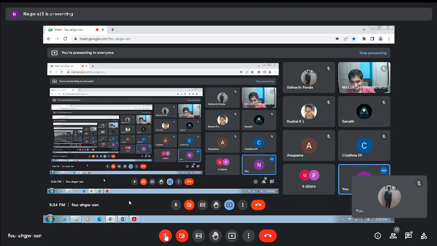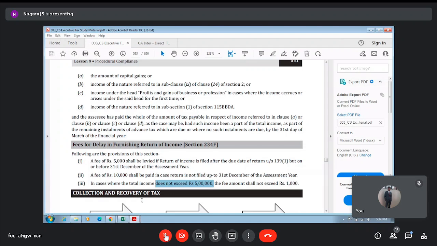Remember, that's the reason why I specifically ask these things. If your total income does not exceed 5 lakhs, the tax liability anyhow will be nil, zero. But if you file the return after the due date, you will have to pay 1,000 rupees as late fee. Though the tax is zero, if you do not file the return on or before the due date, you will have to pay 1,000 rupees late fee.